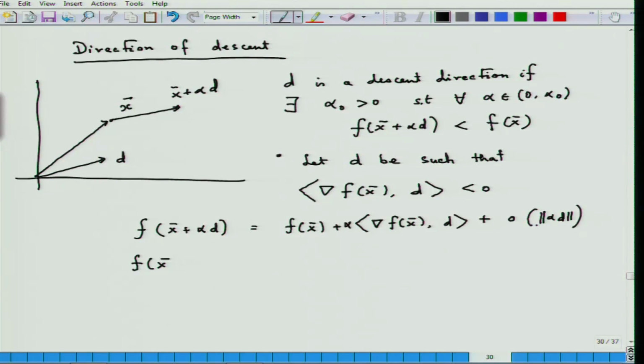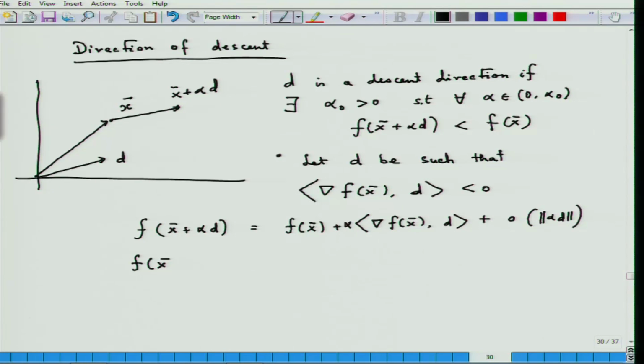These little asymptotics, you need to understand this fact: alpha would come out, whatever be the multiple of norm d, and the same powers of alpha would remain. So, if you divide by alpha, that would again be going to 0.